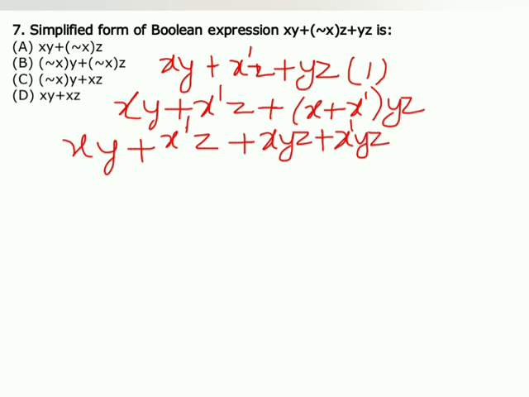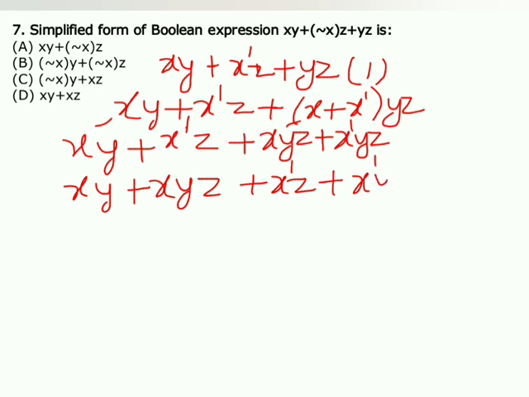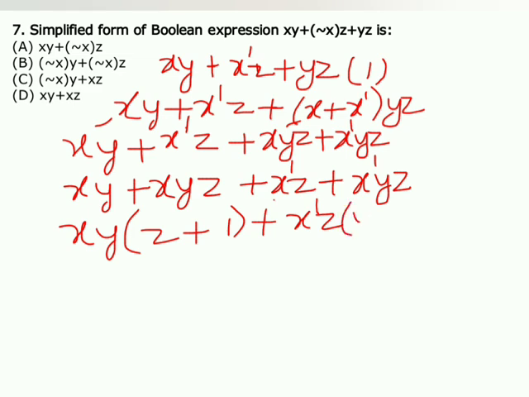So now if we take the common variables, xy plus xyz and x dash z plus x dash yz. So here x dash z is common and here xy is common. So xy into z plus 1 and x dash z into y plus 1.